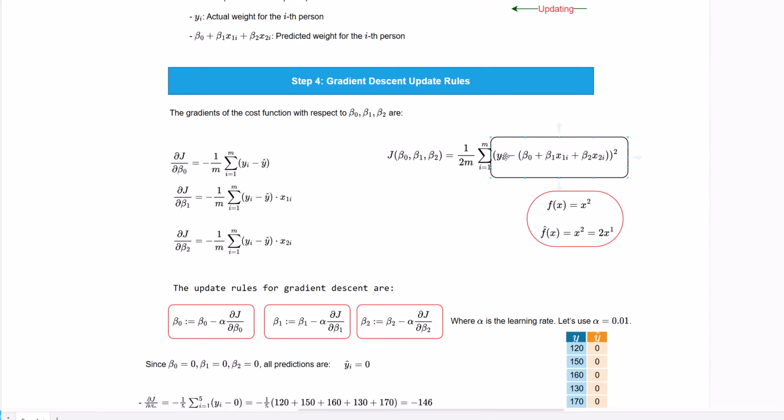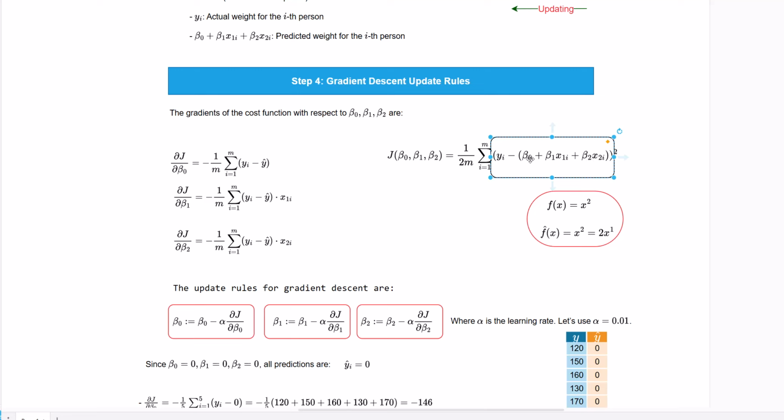Anyway, you will have this from here. I mean, after moving the 2 to here, you will have only yi minus beta 0. And now what is the derivative of this formula with respect to beta 0?